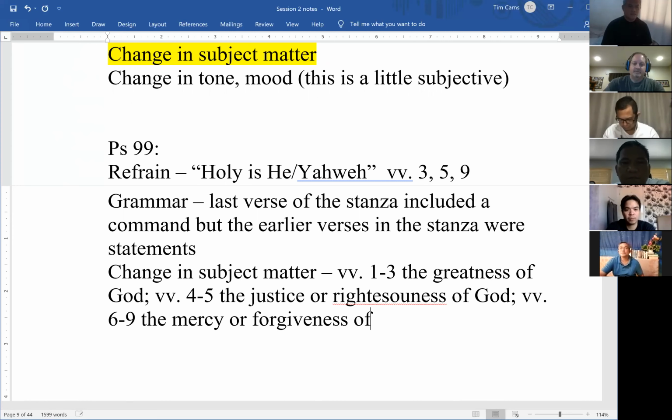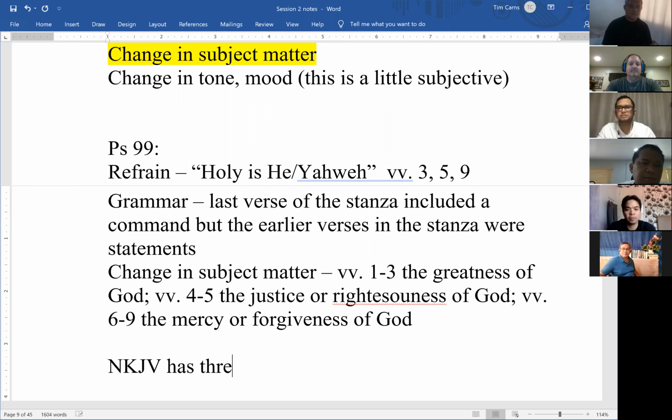So actually, the more we look at this, the more I can see a very strong argument for 3 stanzas here in this psalm. And actually, the New King James Version has 3 stanzas: verses 1 to 3, 4 to 5, 6 to 9.